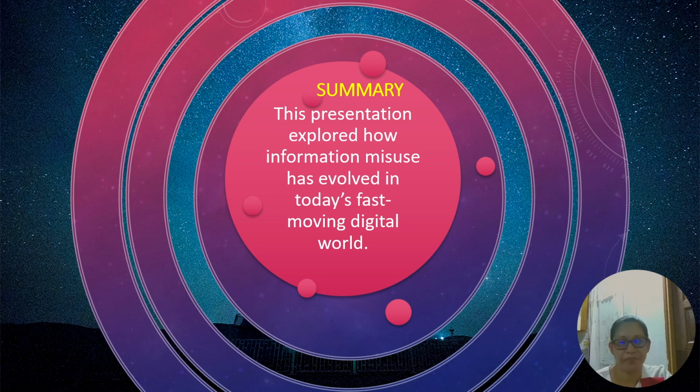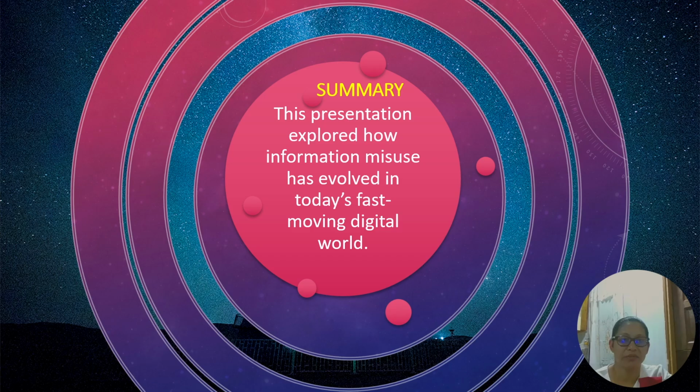So in summary, this presentation explored how information misuse has evolved in this fast-moving digital world. We looked at the differences between misinformation, disinformation, and malinformation, and how each impacts individuals and society. We also looked at the trends that make information spread faster and harder to control.